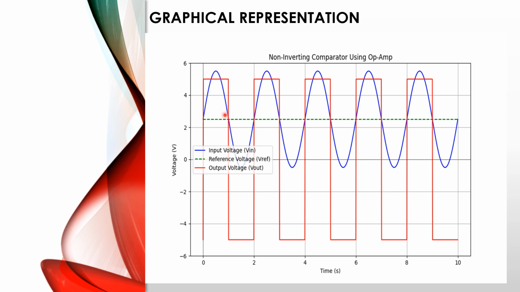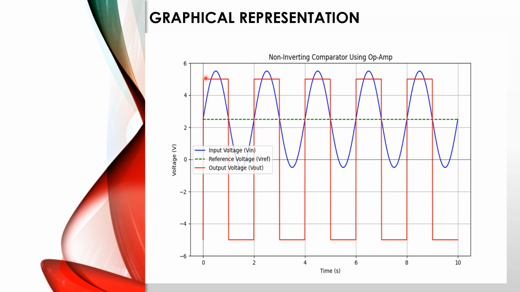So when V in is greater than reference voltage, we get the positive VCC output. So this red color square wave, we get this red color graph.